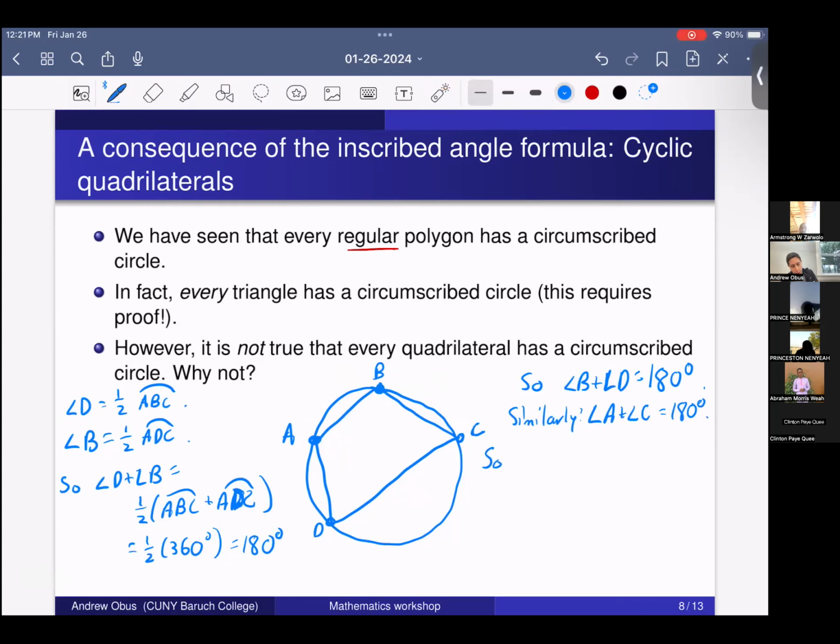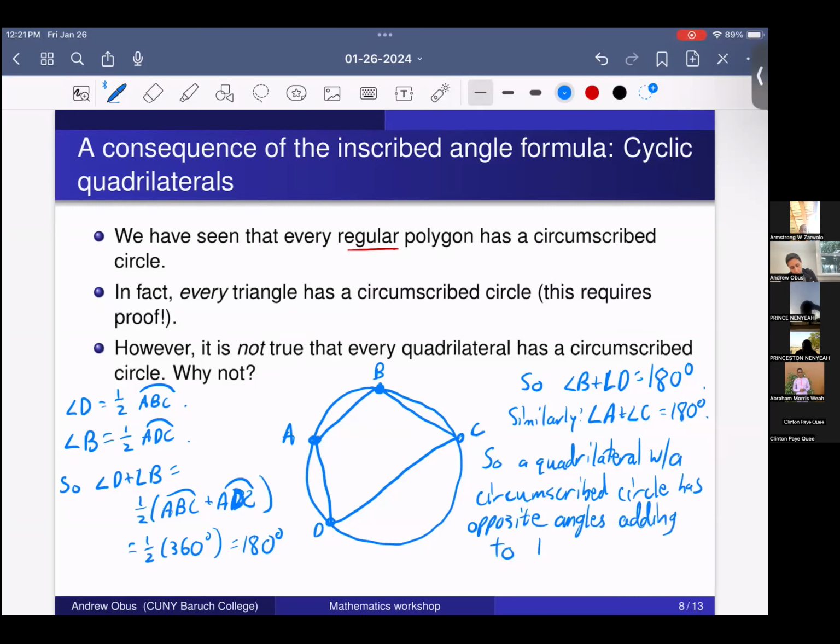So a quadrilateral with a circumscribed circle has opposite angles adding to 180 degrees, okay?